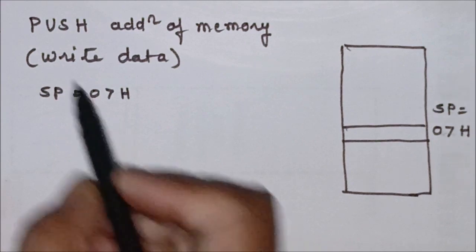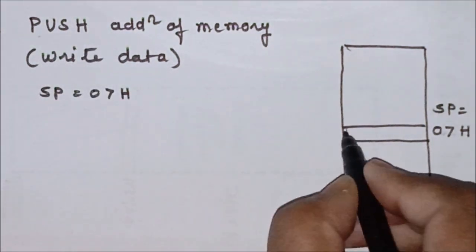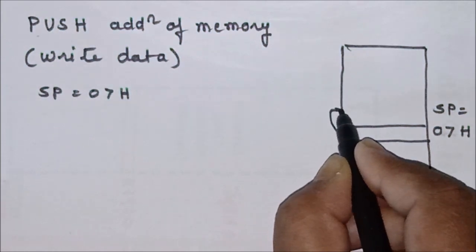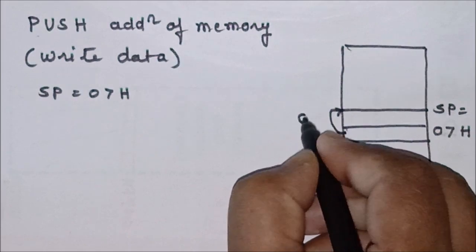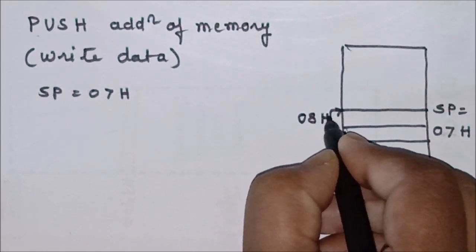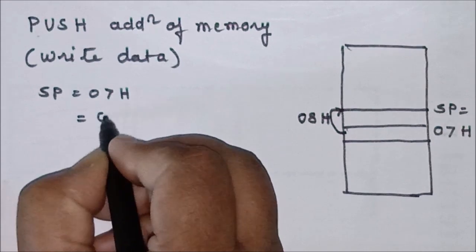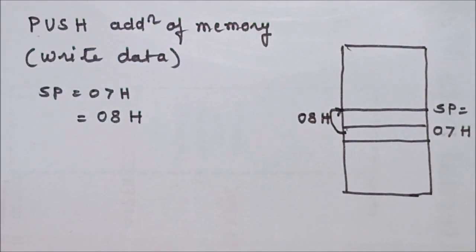Now while executing this push instruction, the microcontroller first increments the contents of the stack pointer by 1. So now the stack pointer will point to the memory location whose address is 08H. After incrementing, 08H is stored in the stack pointer register.